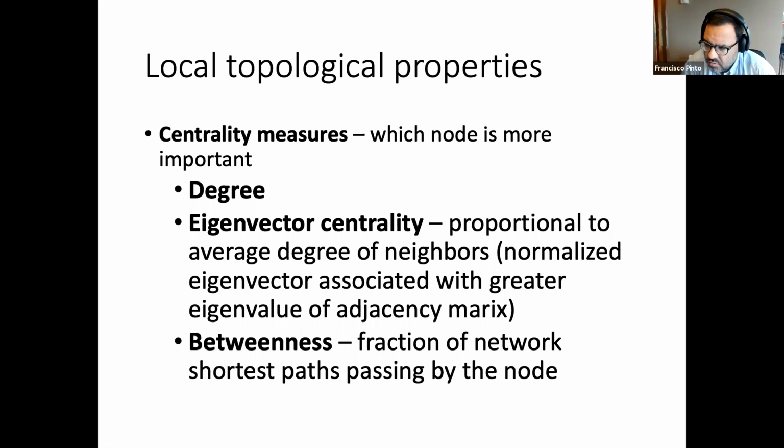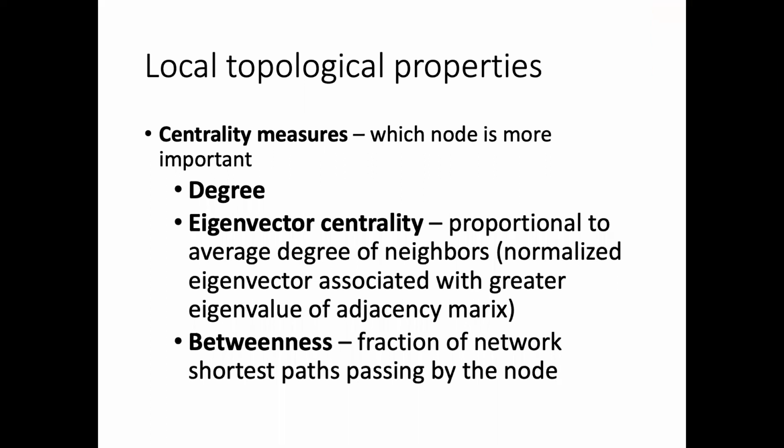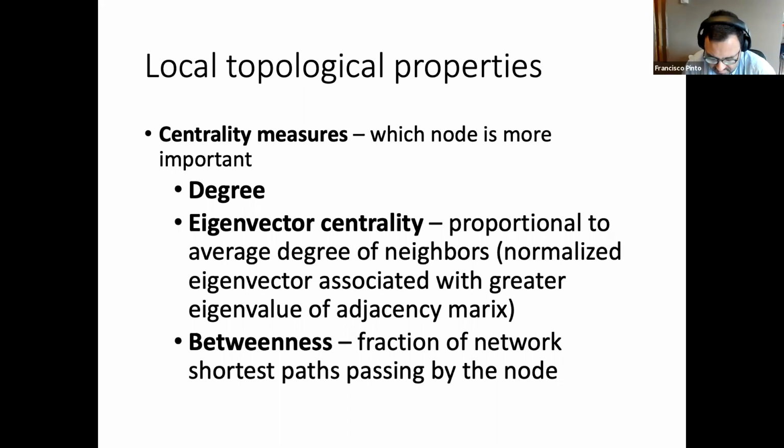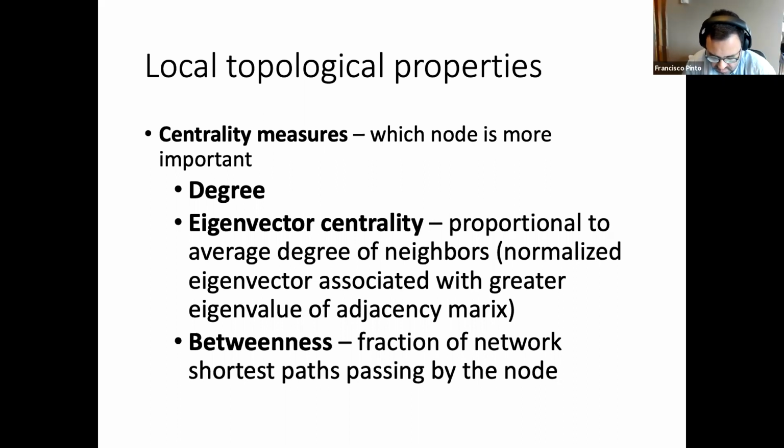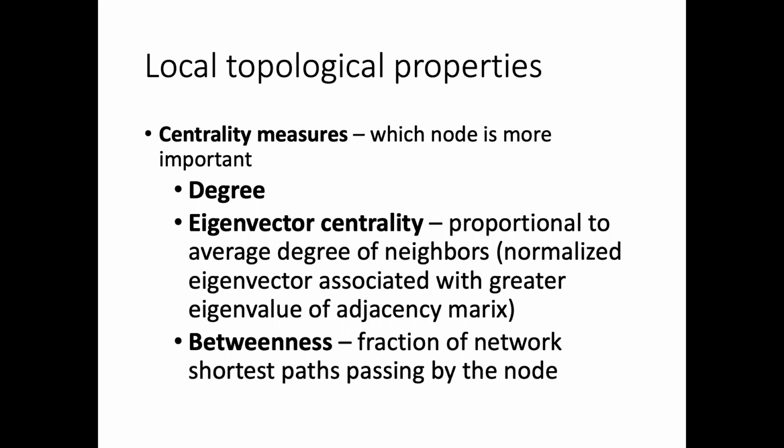Okay, I'm just thinking of an example. There's one node which has a degree of, I don't know, 20, so it's really connected. And one of its neighbors is a node which is only connected to this highly connected node. That node will have a very high eigenvector centrality because it only has one neighbor, and that neighbor has a very high degree, even though that node seems to be not super important.